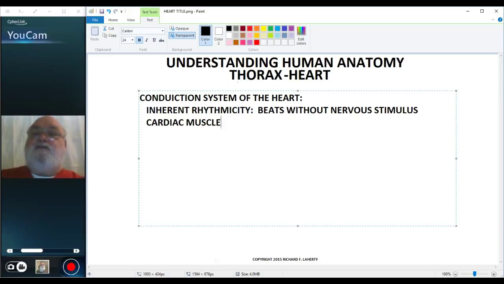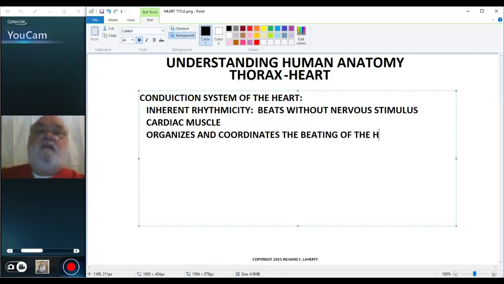The biggest advantage of the conduction system of the heart is that it organizes and coordinates the beating of the heart. With the conduction system, each heartbeat begins in the pacemaker and then spreads orderly throughout the heart.